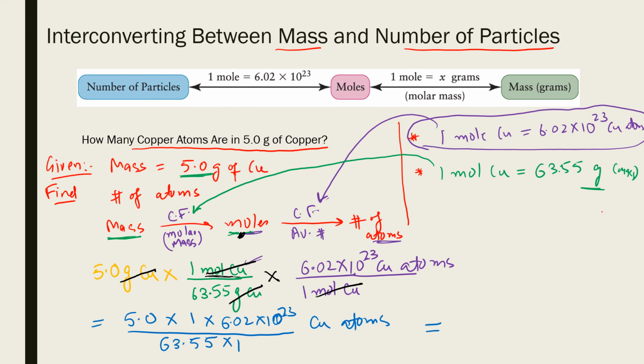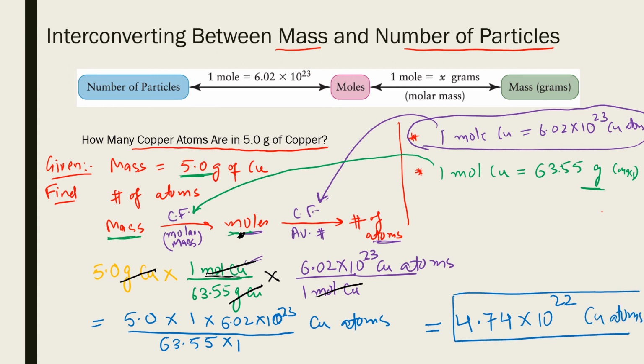So when we multiply everything and divide by 63.55, we will get 4.74 times 10 to the 22 copper atoms, and now we know how many atoms are there.